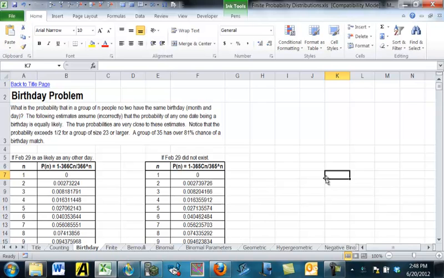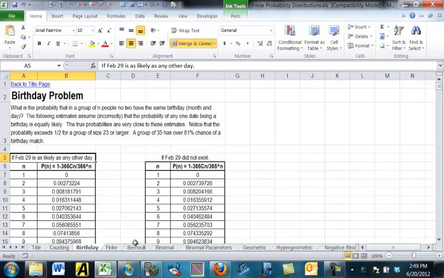Well, it turns out that if February 29th is as likely as any other day, and all days are equally likely, there's 366 days a year, then what we do is we take 366 choose n, divide it by 366 to the n power, and that's the probability that they're all different.